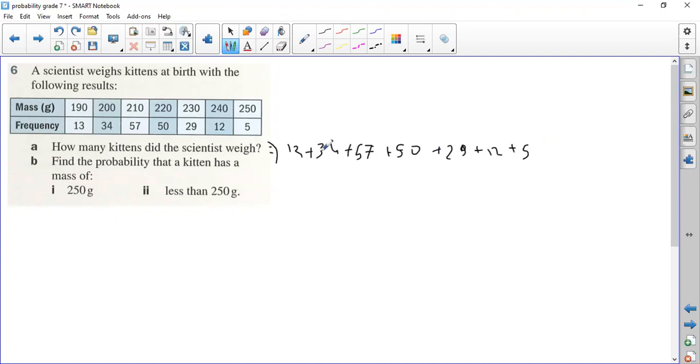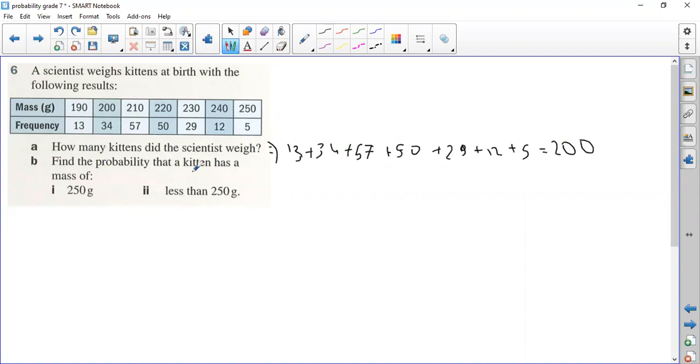So let's add them. Okay, so I have 60, 70, 120, 154, plus 29, plus 12 plus 5, that will give me 200. Okay, so in total I have 200 kittens.